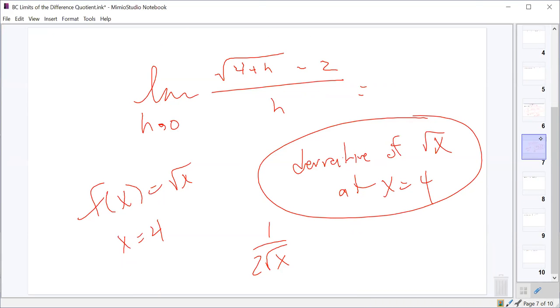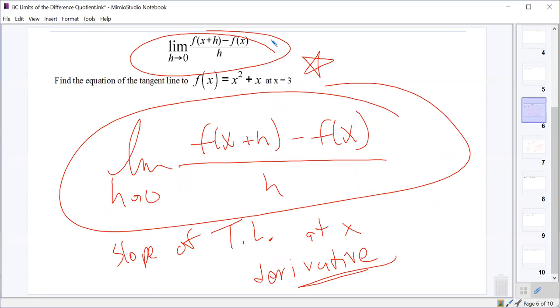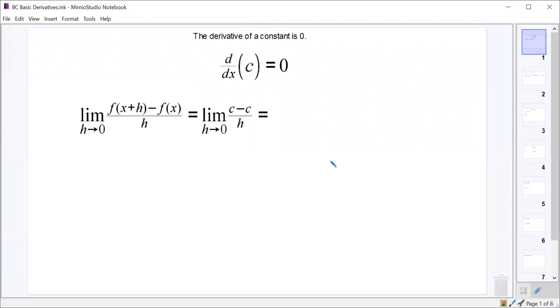No, definitely not. Cool. So we're going to realize that this limit is the derivative, and that the derivative is the slope of the tangent line. And we're going to really quickly go through the basic rules of derivatives. The first rule is the derivative of a constant is 0.